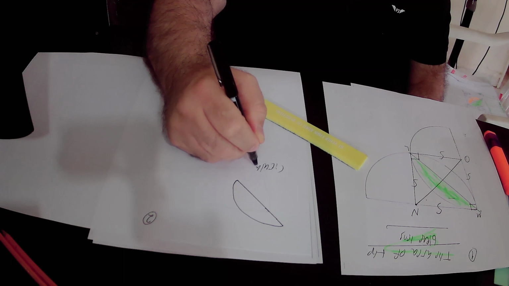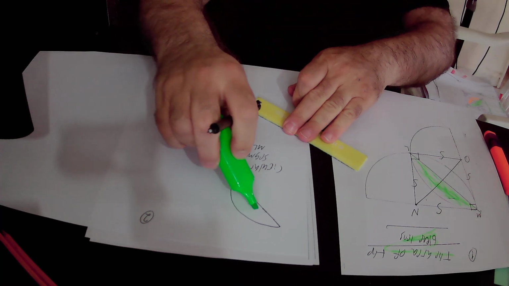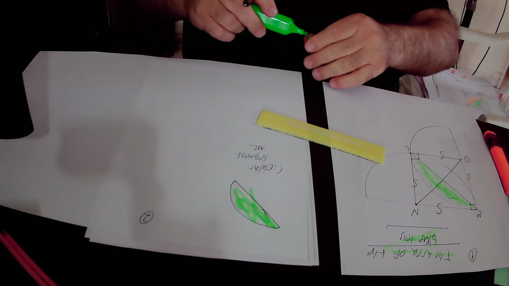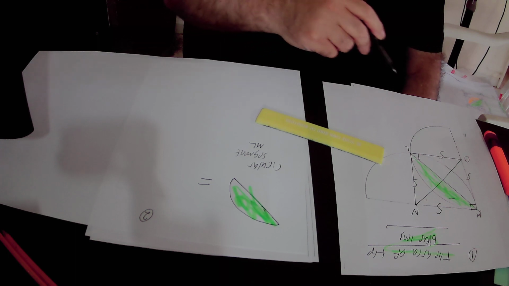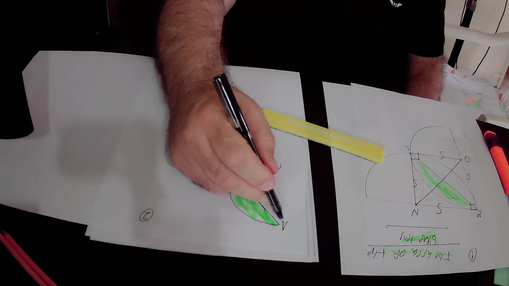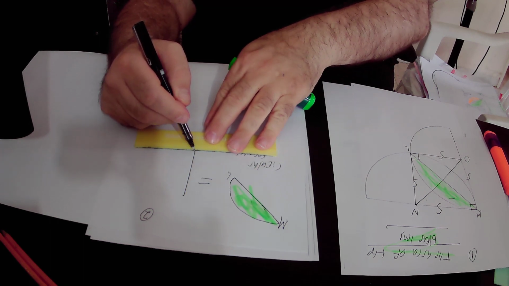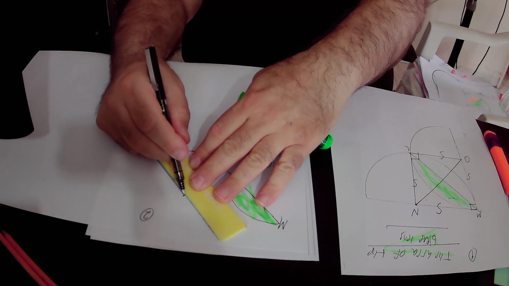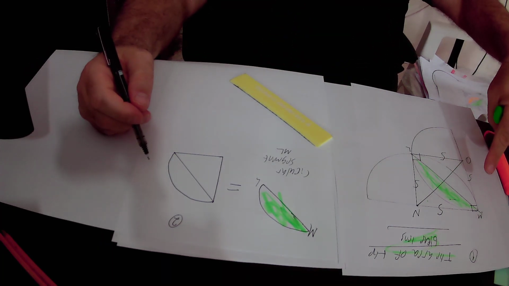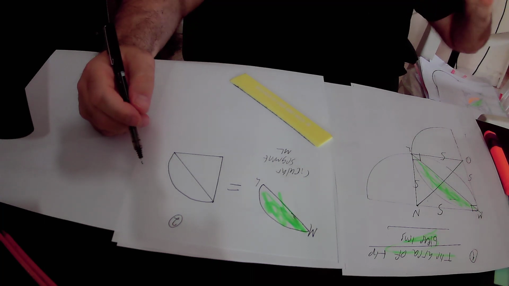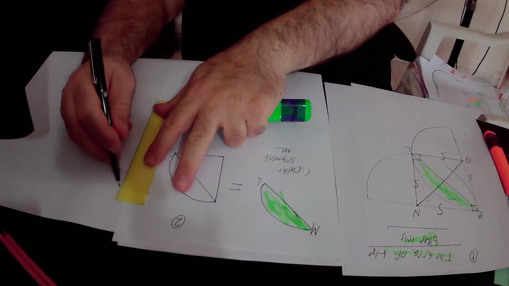Circular segment ML. The area of circular segment ML will be equal to the area of sector MOL minus the area of triangle MOL.